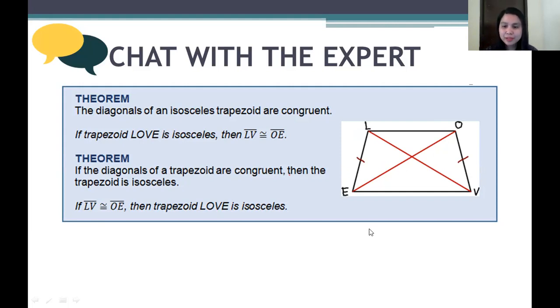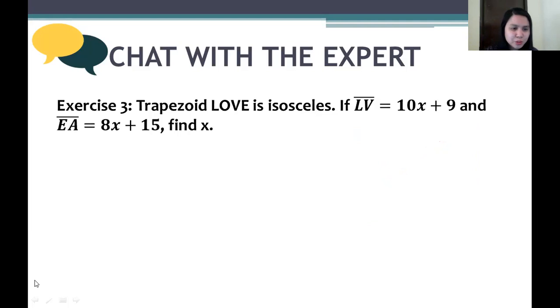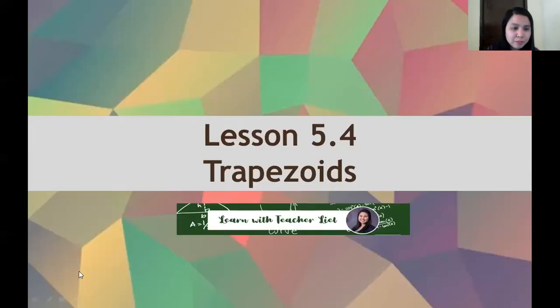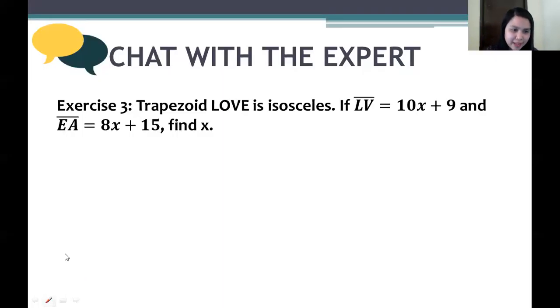Let's have the last exercise. Sorry. In your module, I placed there EA. I edited it but it's still wrong. That should be EO. Okay. Trapezoid LOVE, L-O-V-E.